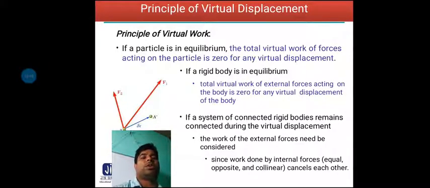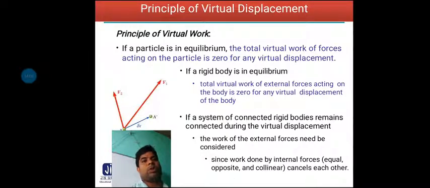So if a rigid body is in equilibrium, then the total virtual work of the external forces acting on the body is 0 for the virtual displacement of the body.